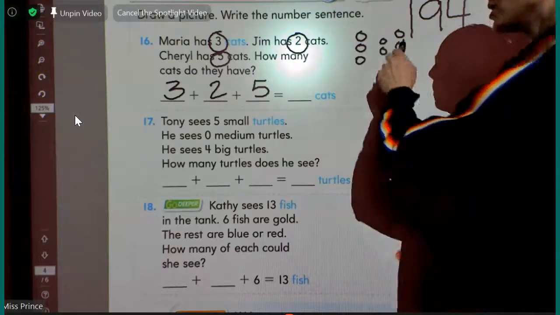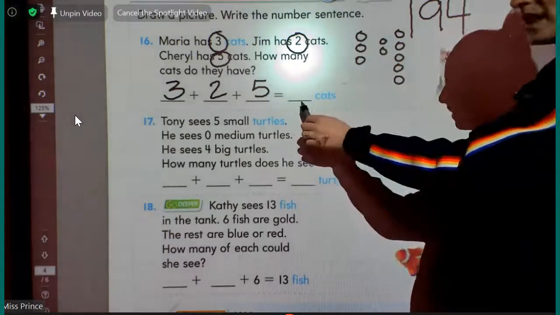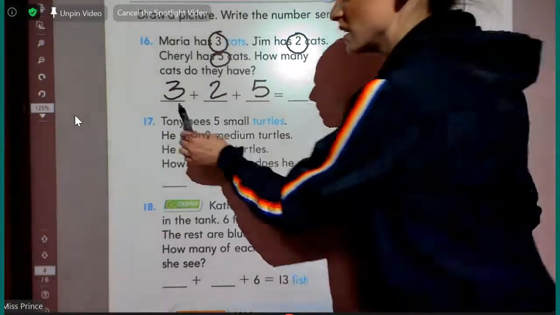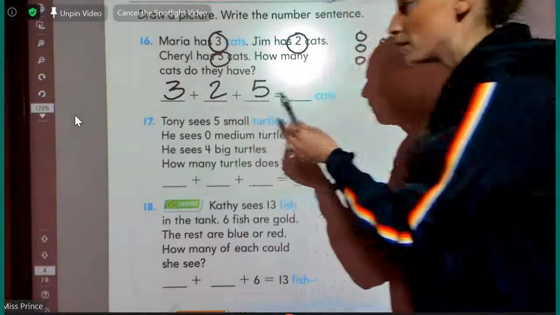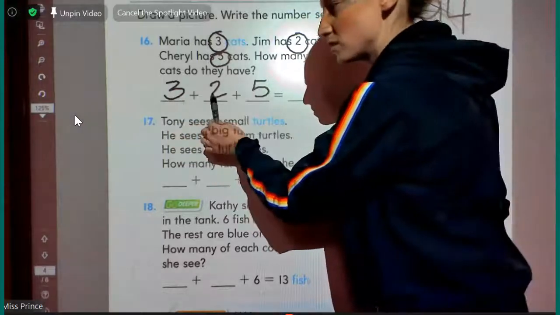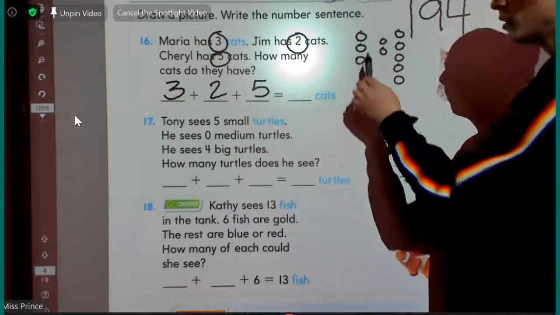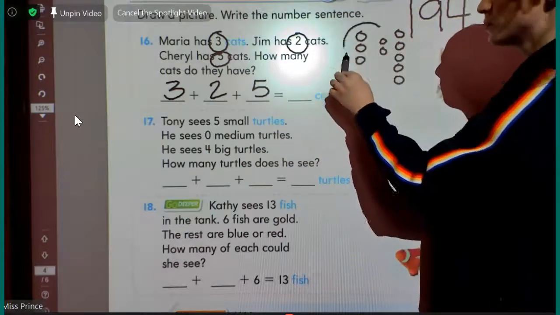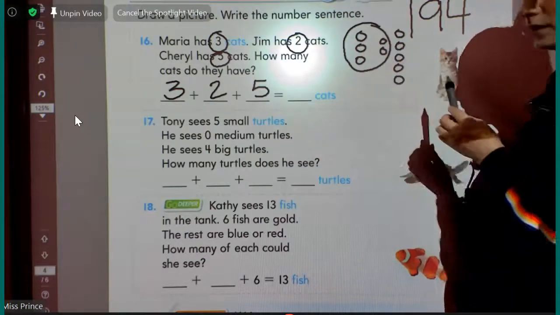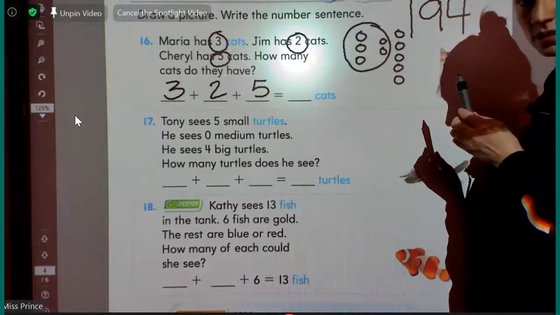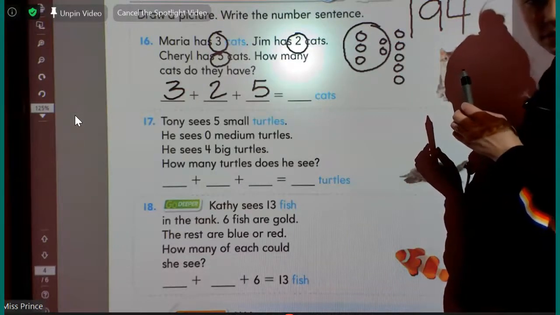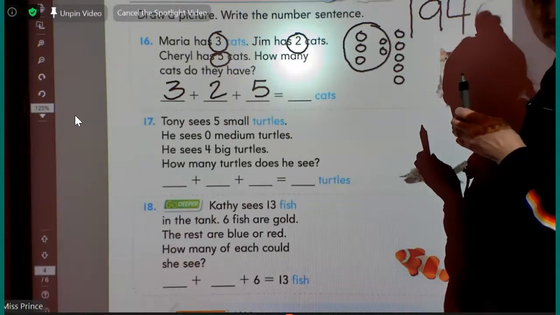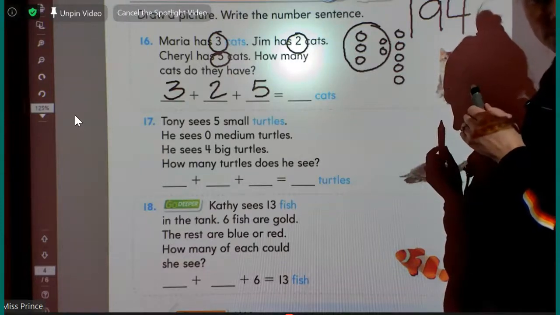We could count all of the circles and write the answer, or we could see that we can make a double by choosing the 3 plus 2. So if I want to choose to make a double, Liam, I'm going to circle the group of 3 plus 2, which makes 5.